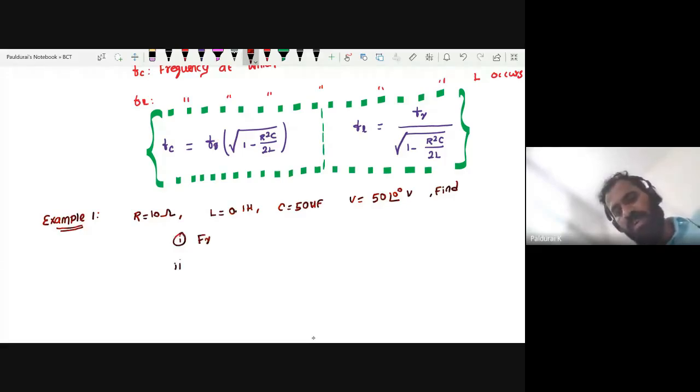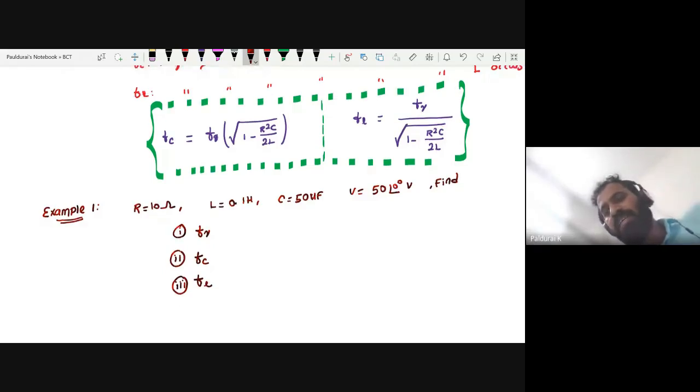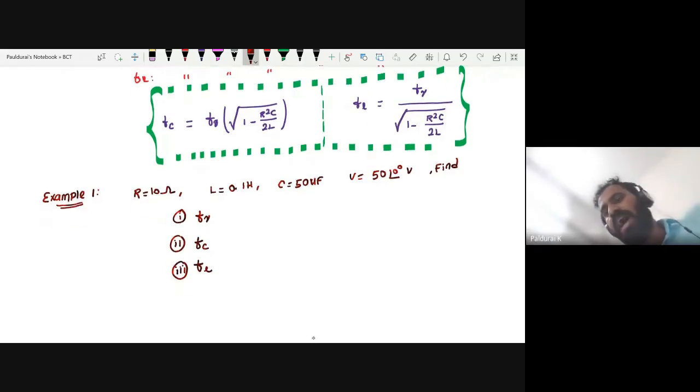Second one, the frequency FC at which maximum voltage drop occurs across the capacitor, and third, FL. You know one relation: FC is definitely less than FR and FL is definitely greater than FR. Now I want to play with the numbers and verify whether these conditions are satisfied or not.